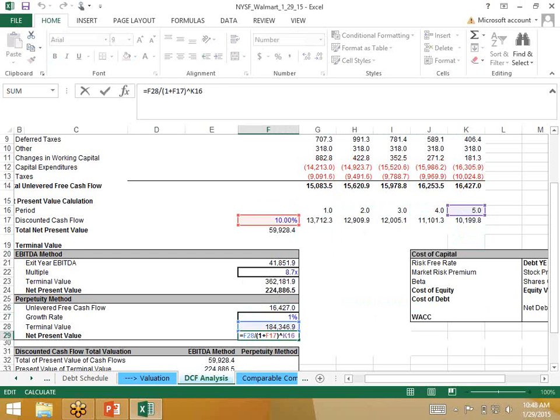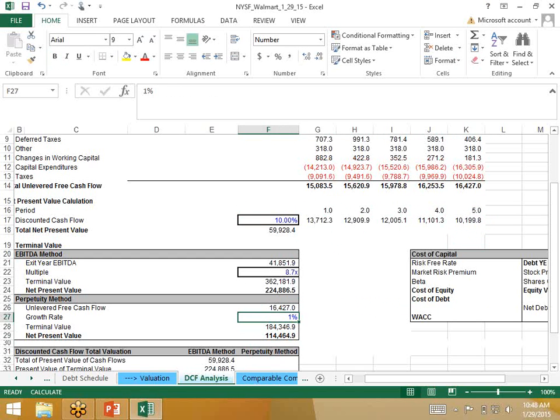If we're going to use the mid-year convention for the cash flows up there, we need to use the mid-year convention for the perpetuity method. However, the EBITDA method, you will always discount using the end-of-year convention, regardless of whether the individual cash flows were built on a mid-year convention or not.